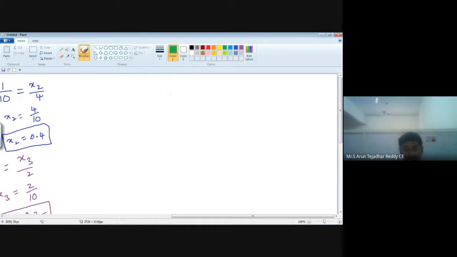See, in the influence line diagram, from the external exam point of view, you can draw a number of diagrams. Then only they will give marks. Otherwise, they won't give.